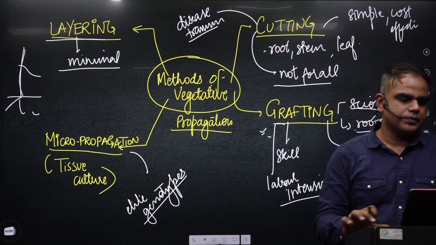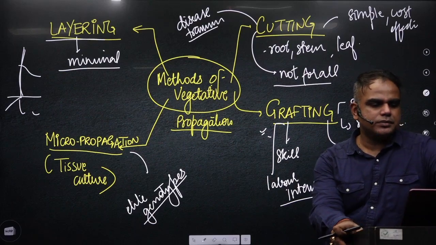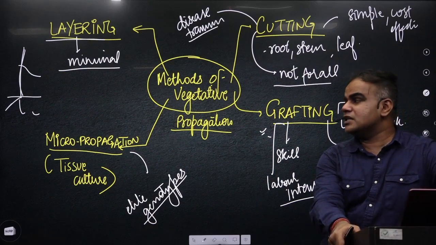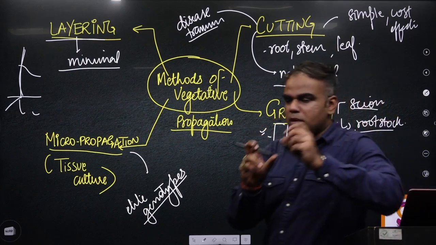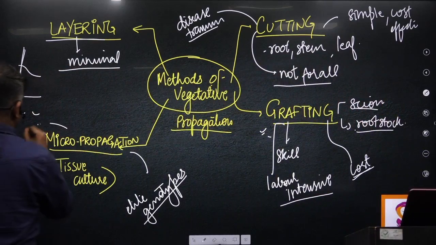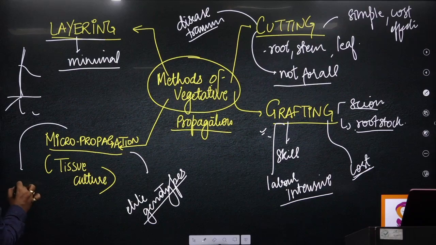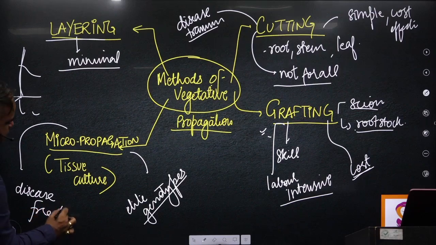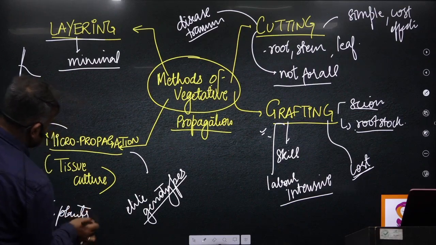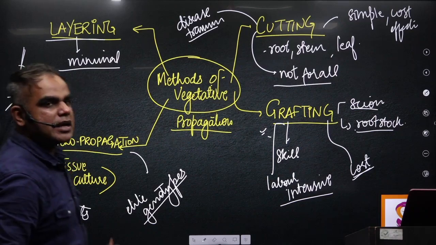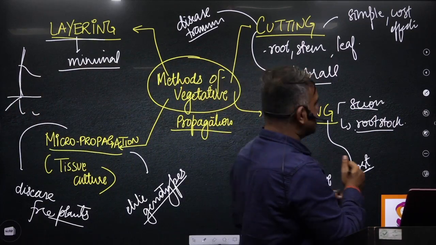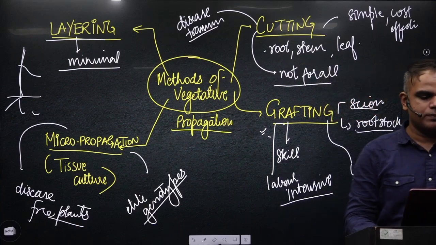Plus this can also lead to disease free plants, because you are doing micro propagation, this is going to be very much technical in nature, intensive. We can go for superior strands, disease free plants, elite genotypes. Use these keywords in your answer, use these kind of simple diagrams, that will overall help you.